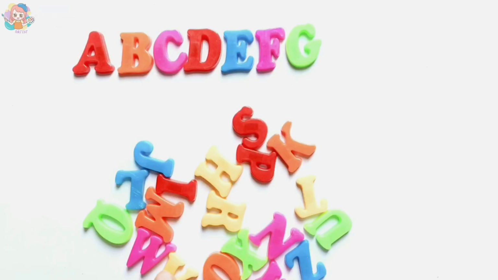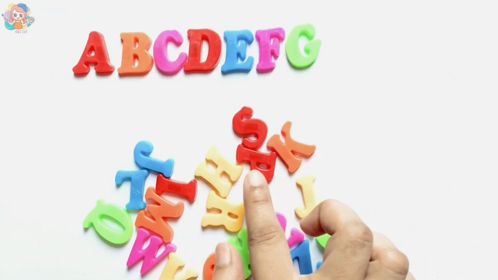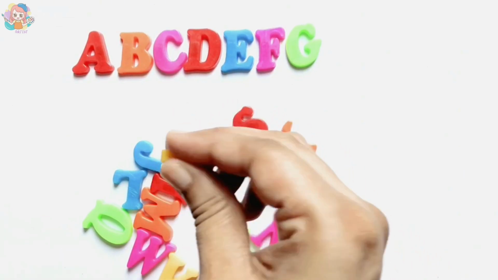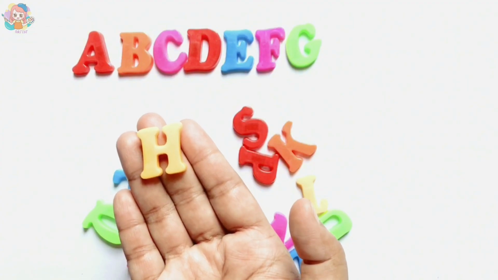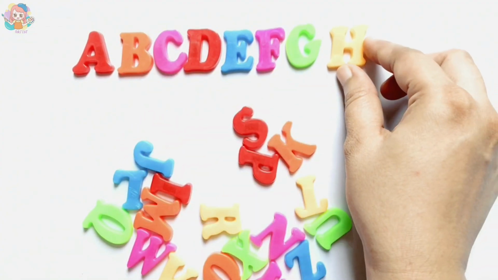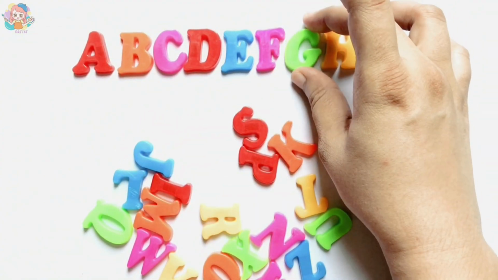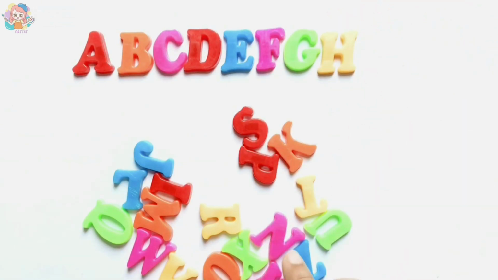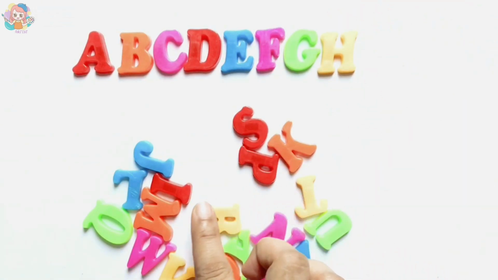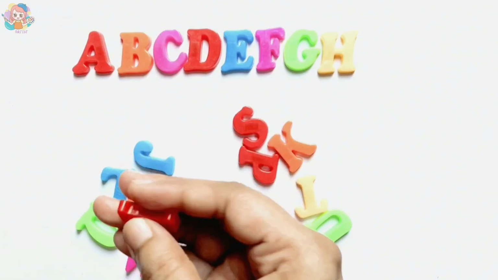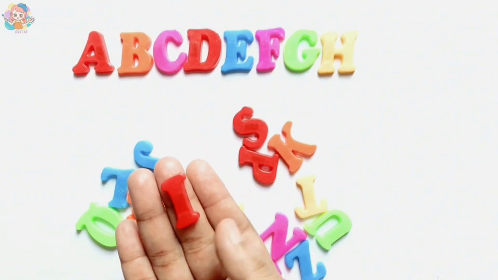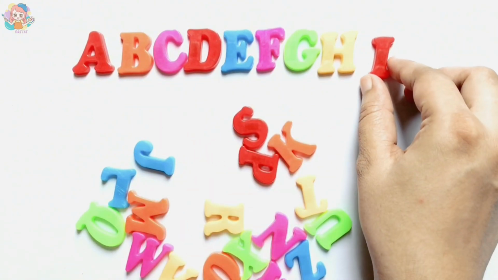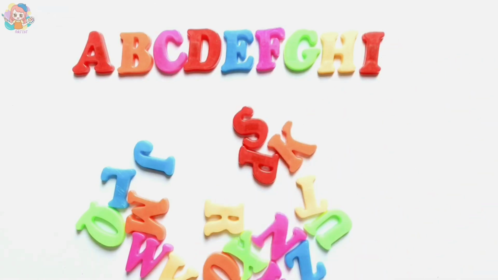Next alphabet H. Oh, where is H? Oh yes, H. H for hearts. Next alphabet I. Oh, it's beautiful, I. I for insect.